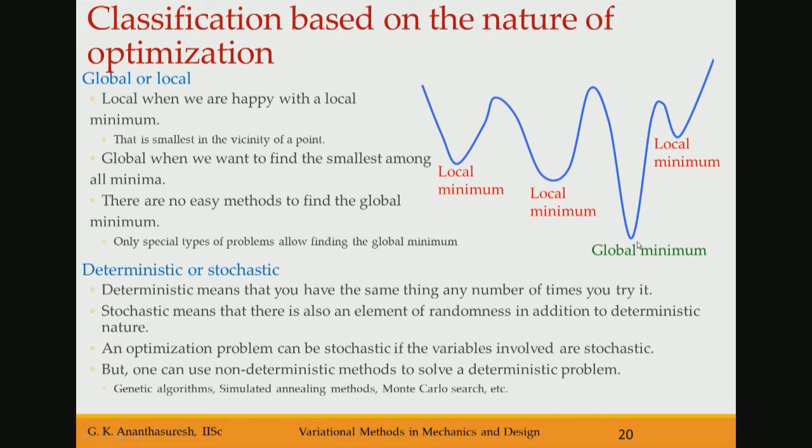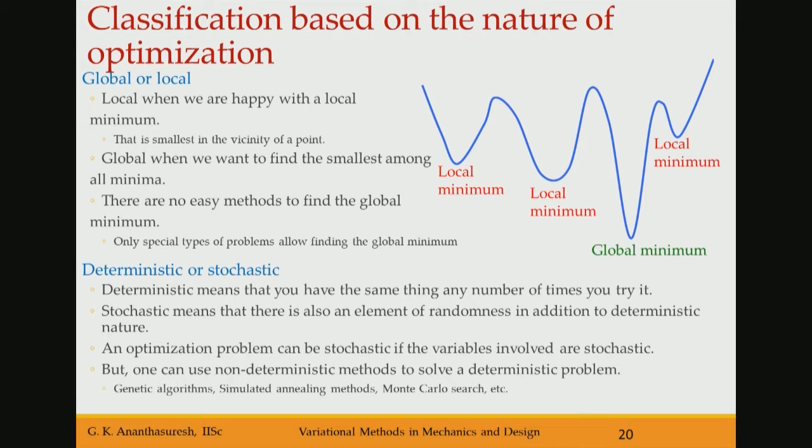Just like if you are first in the country, you are also first in your class, right. It is also a local minimum, it is a global minimum. It is the least among the local minima, we call global minima. So, you can optimize globally or locally. And the variables that you have can be deterministic or stochastic, that is another classification. If your variables are all deterministic, meaning that they have definitive values, you have deterministic optimization.